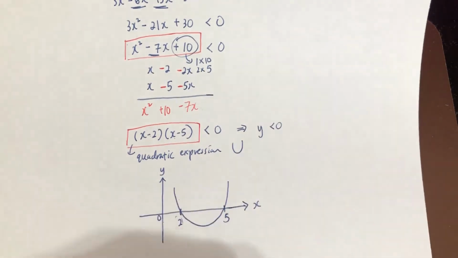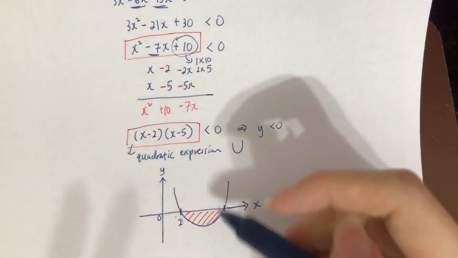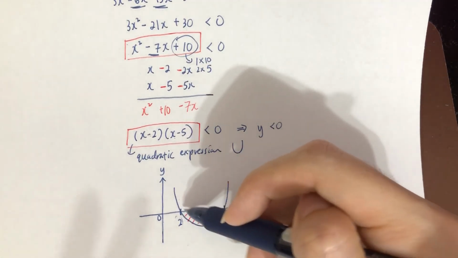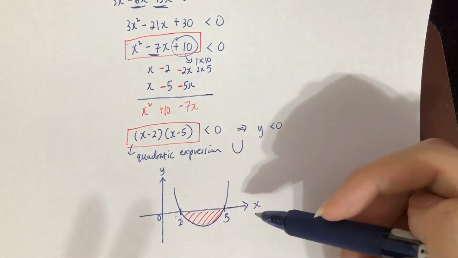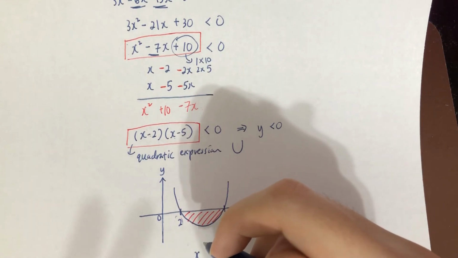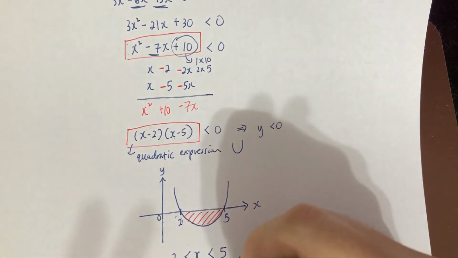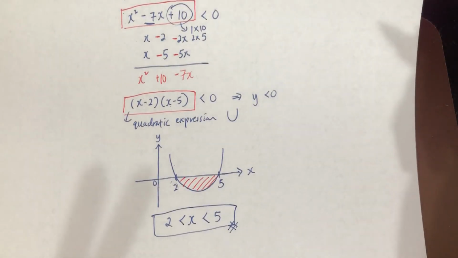So the only possible shaded part will be this. This is the only portion where the curve x squared minus 7x plus 10 is less than 0. So we would say that the range of x is x between 2 and 5. So this is our answer.